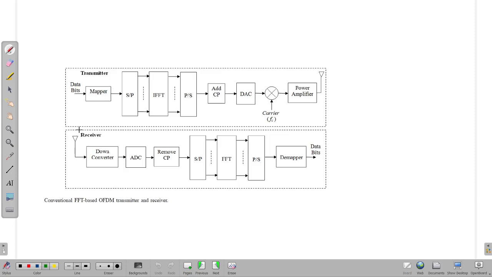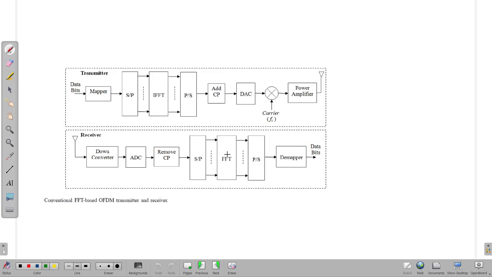received by the receiver. Of course, after linear convolution with the channel impulse response, the signal gets received by the receiver, then it is down converted to the baseband. These analog values are converted to discrete values by an ADC. Cyclic prefix is removed. Then this serial data is converted to parallel.